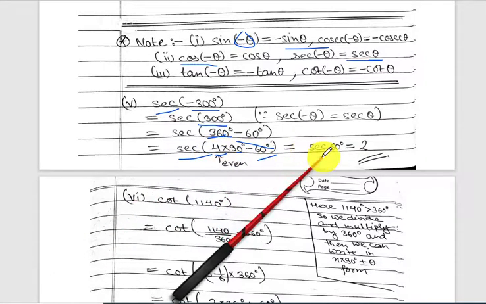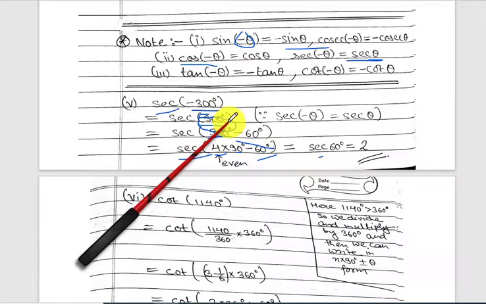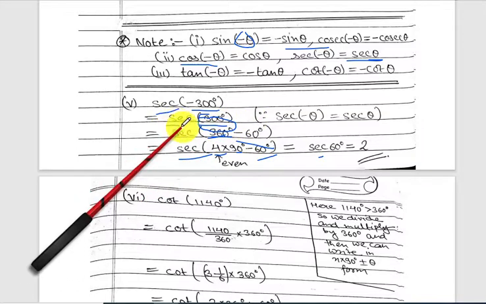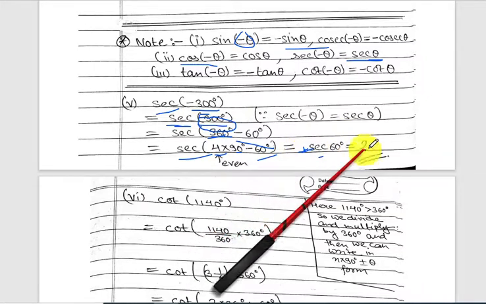And you see that whole of this angle is in which quadrant? Fourth quadrant, and in fourth quadrant sec is positive, so that's why positive sign over here. And sec 60 is 2, so we get the answer.